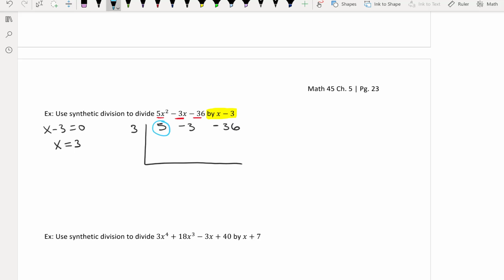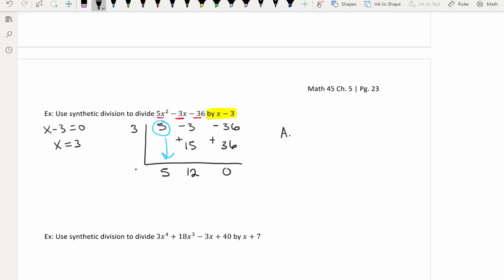Remember that first term, whatever it is, you just drop it down no matter what. So that's 5. And then the number on the outside gets multiplied: 3 times 5 is 15, and I always add on the inside. So 15 plus negative 3 is a positive 12. 12 times 3 is 36, and negative 36 plus 36 is 0.